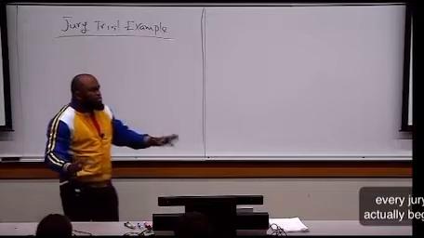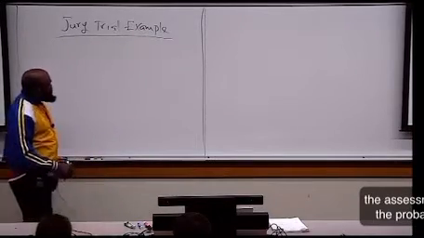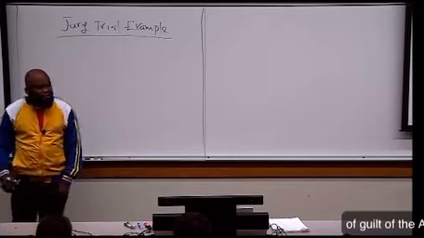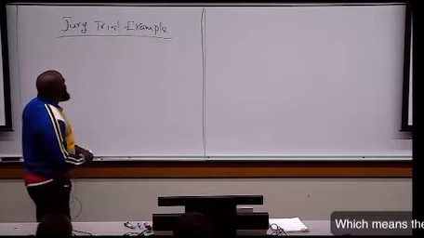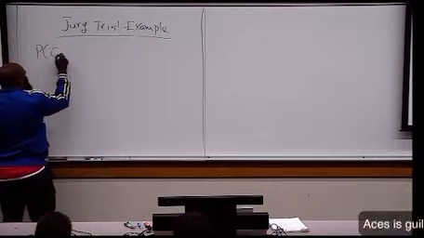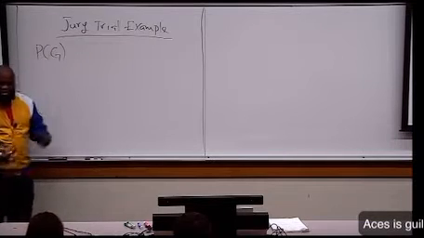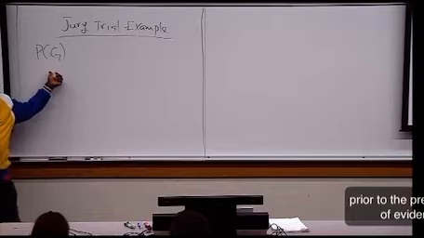Every jury trial actually begins with the assessment of the probability of guilt of the accused, which means they are going to have a probability that the accused is guilty even prior to the presentation of evidence.